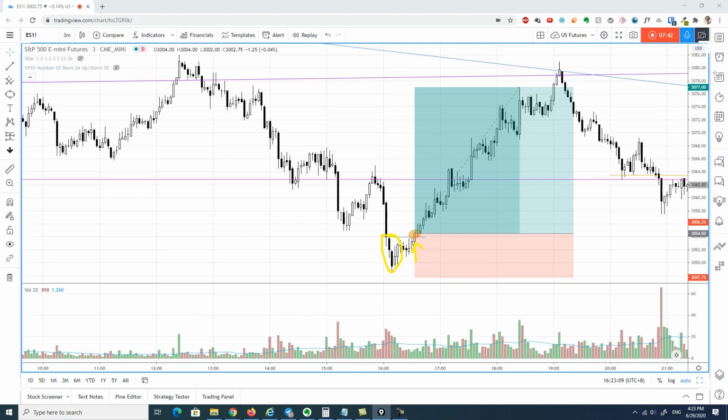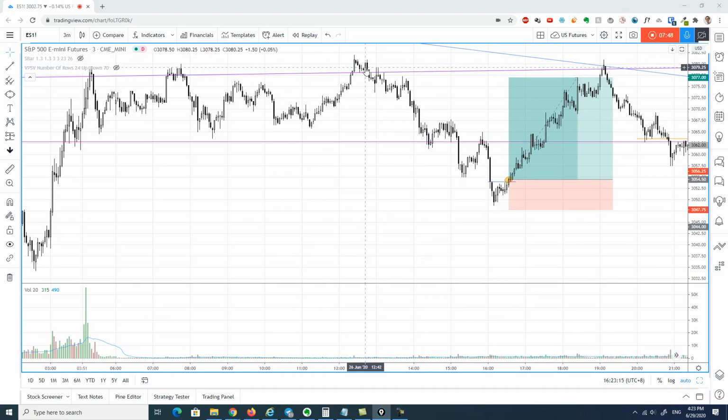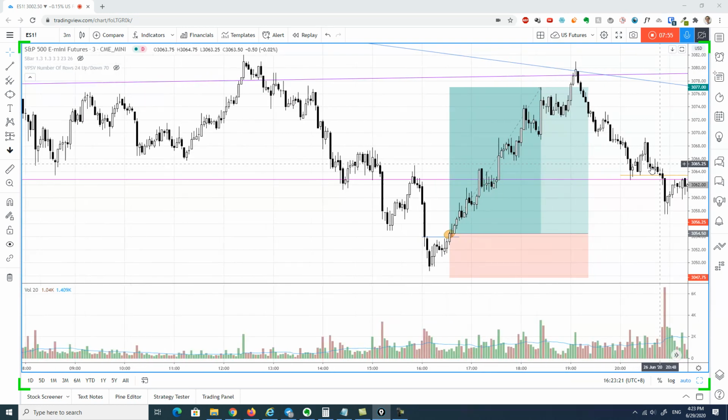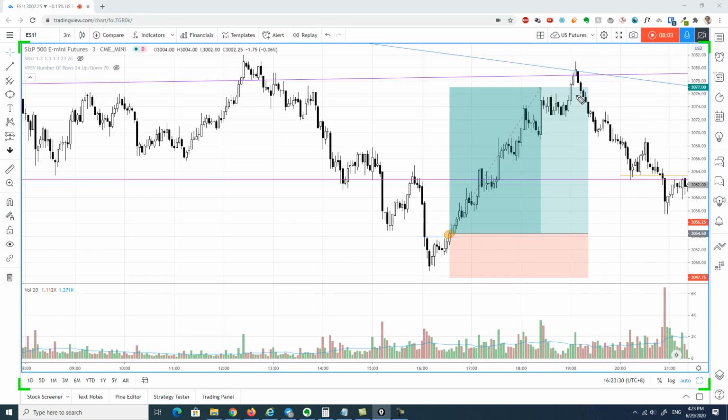And at that time, I was just hoping to see a rally up to around the swing high. So this is about 3080. So this is somewhere around there. But I was using a trailing stop, and hence eventually I was stopped out, I think somewhere around here.